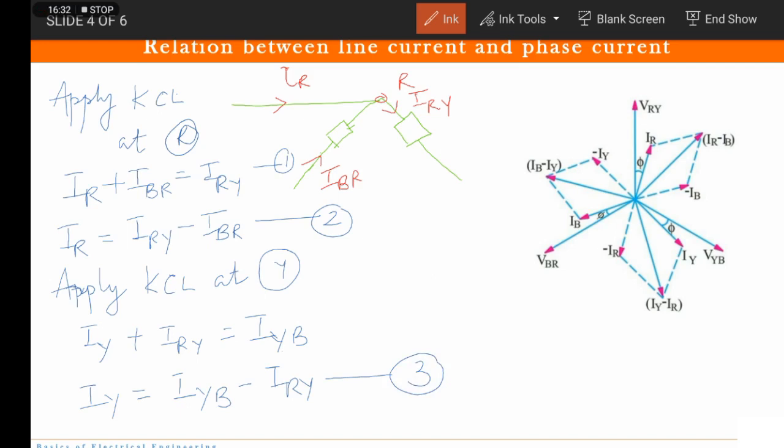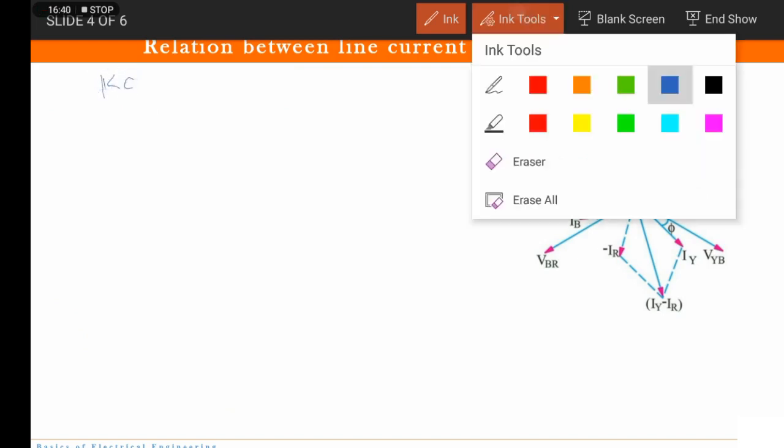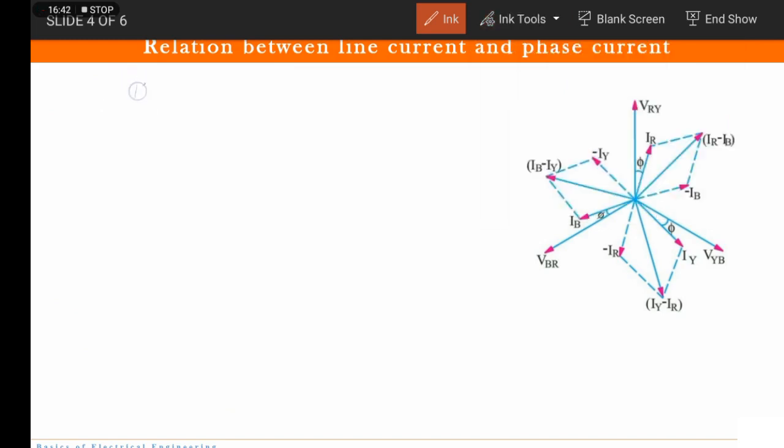I shall erase this. Again, I will apply KCL at point B. What will be the equation?